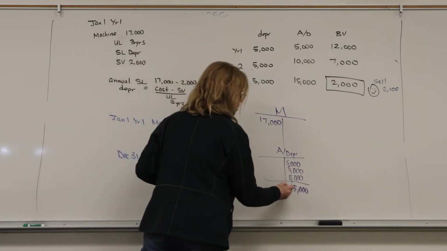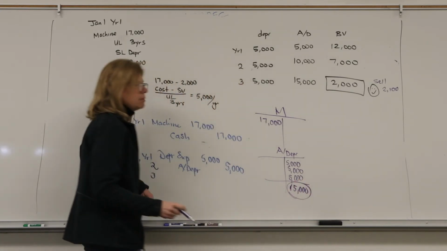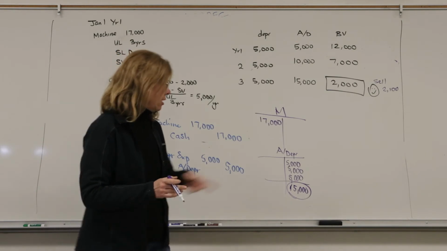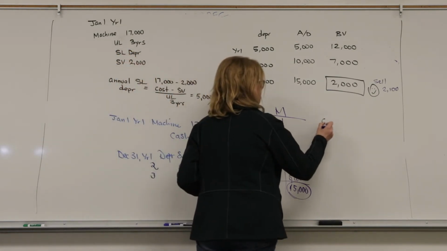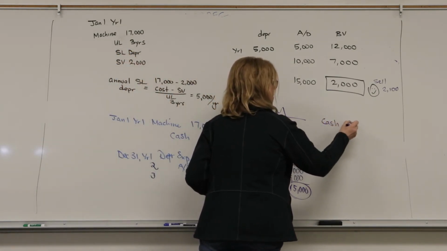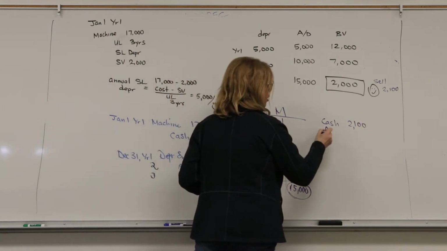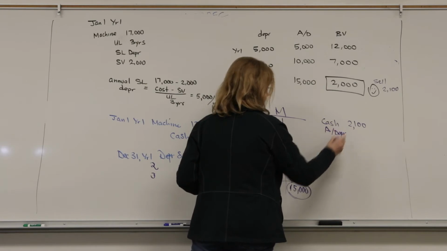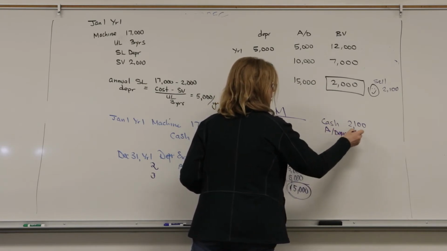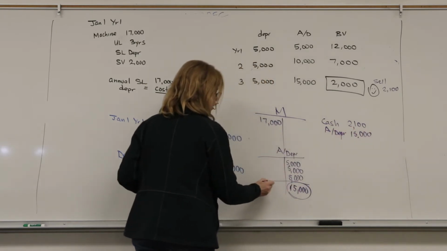So when I go to sell this asset, I'm going to get cash of $2,100. I need to take accumulated depreciation off of my books. If it has a credit balance of 15, I better debit it 15 to make it 0.